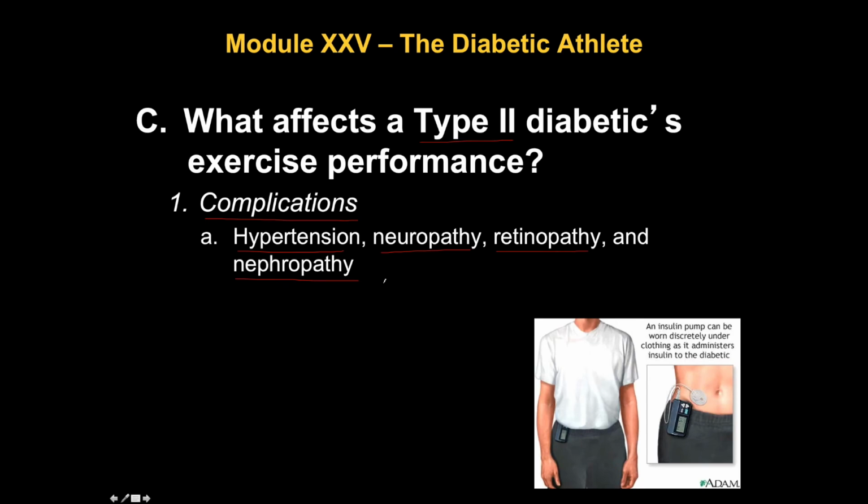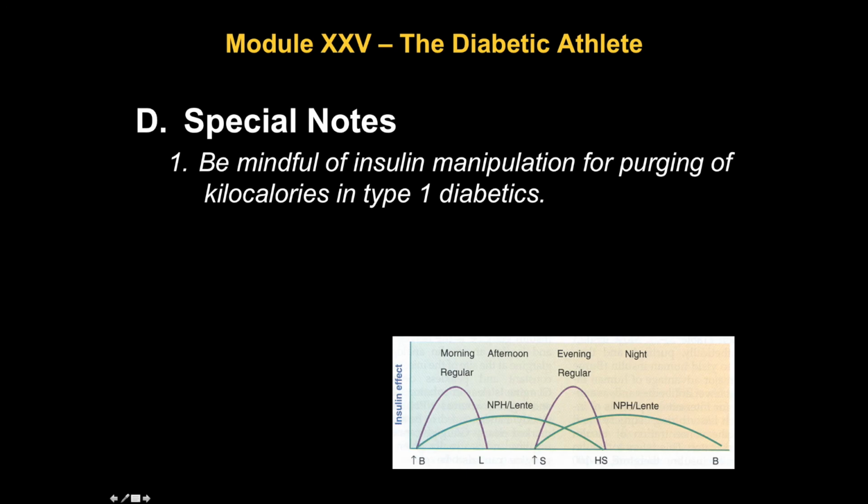Some special notes about the diabetic athlete: we want to be mindful of insulin manipulation for purging of kilocalories in type 1 diabetics. They could actually neglect to take their insulin, and that's going to force more glucose to stay in the bloodstream, and the kidneys would then flush glucose out into the urine, which it's not supposed to be under normal circumstances.